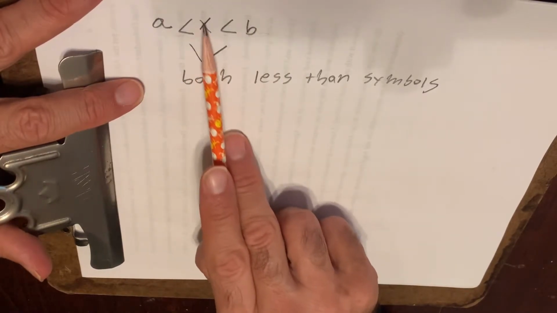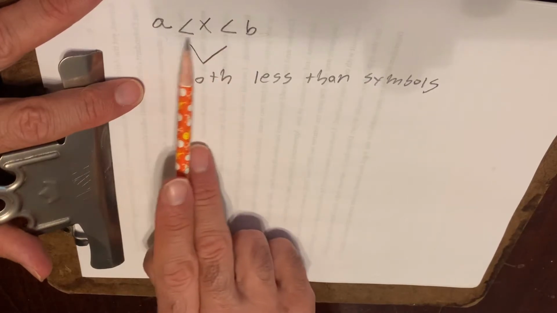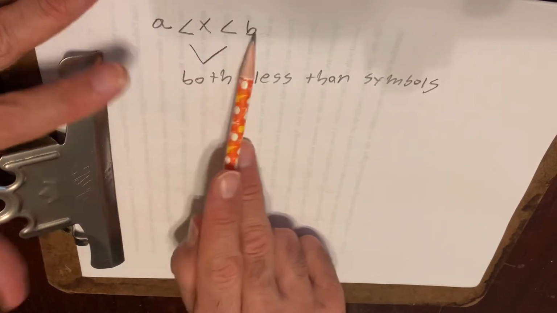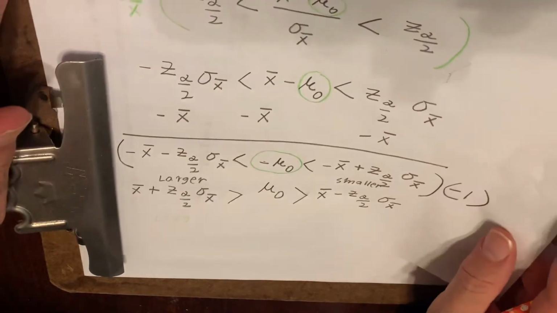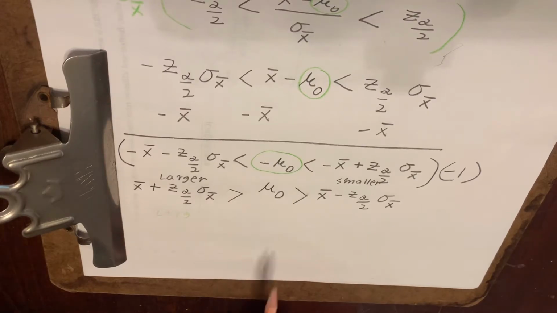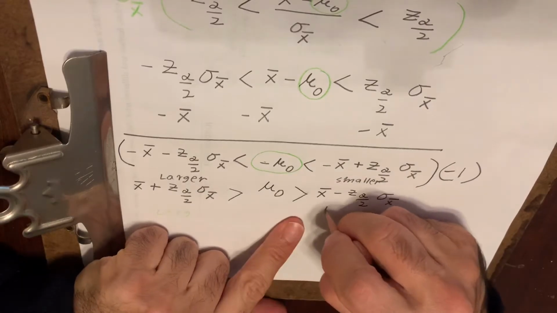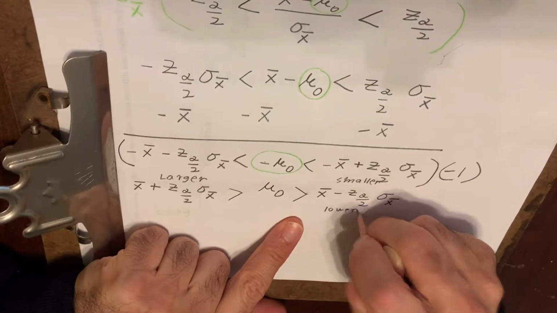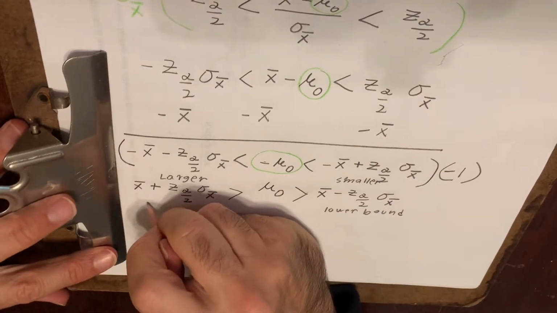This is a way of saying x is between a and b. And I want you all to notice that these are both less than symbols. So when we have this inequality over here, you'll see that these are both greater than symbols. But this is the lower bound of the confidence interval, and this is the upper bound of the confidence interval.